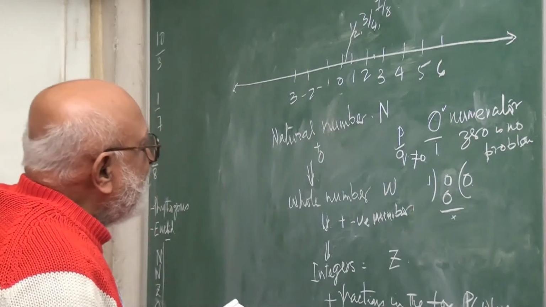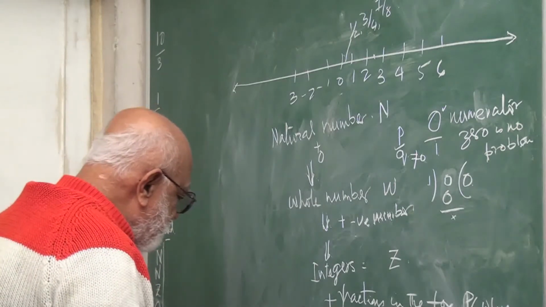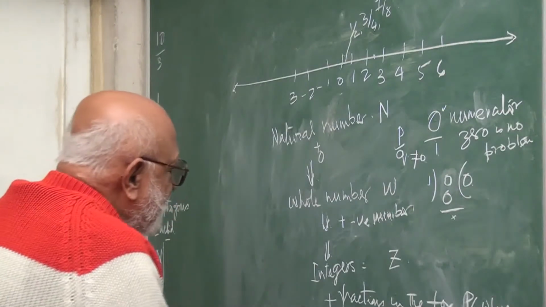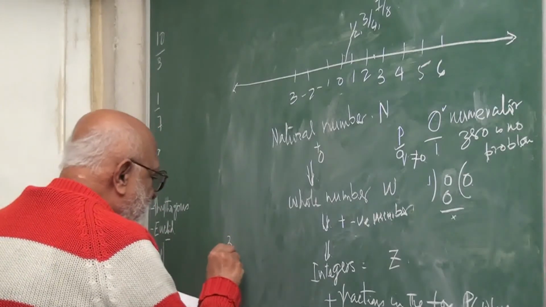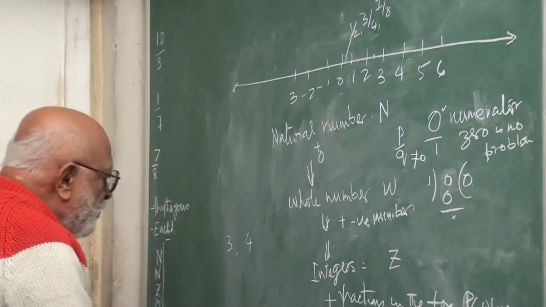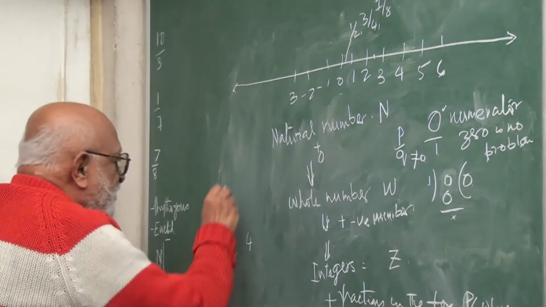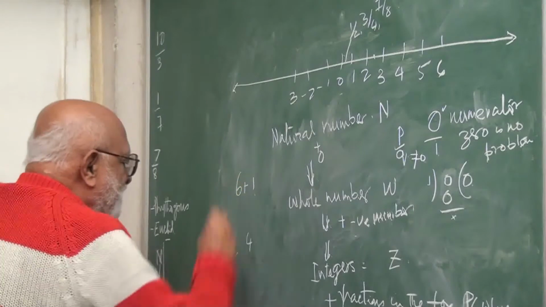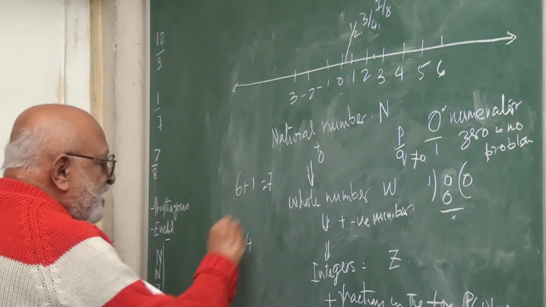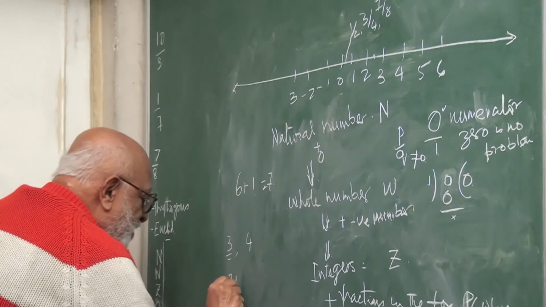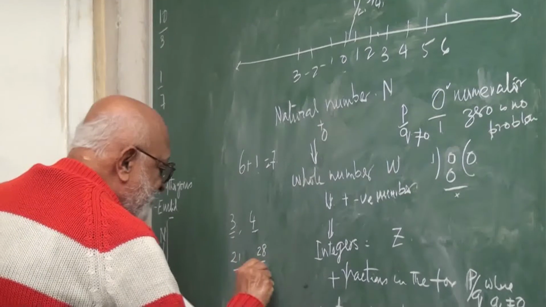Find 6 rational numbers between 3 and 4. How do you do it? Very easy. They have said find 6 rational numbers, so you do 6 plus 1, which becomes 7. So 3 is 21/7, and 4 is 28/7.